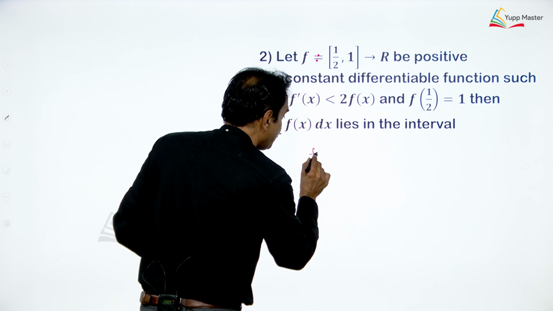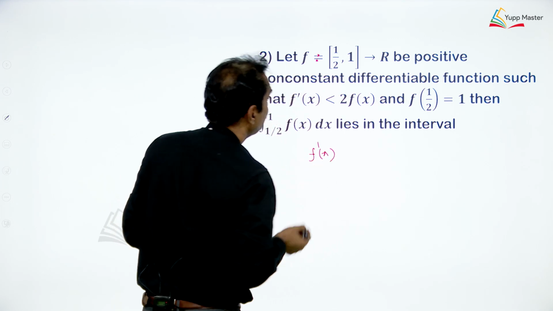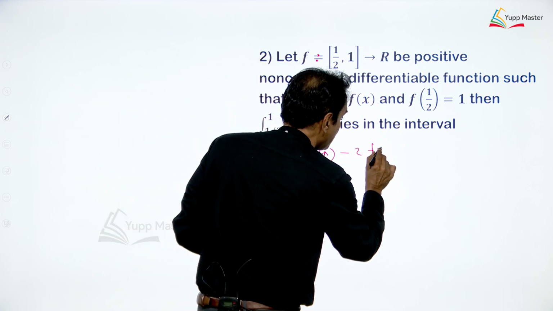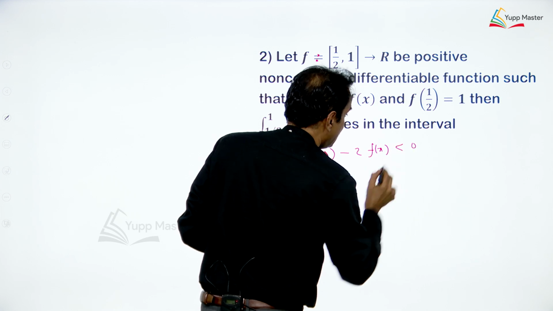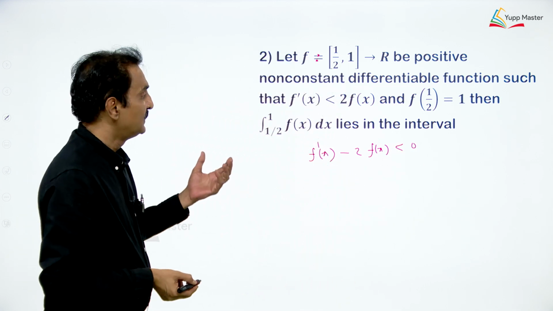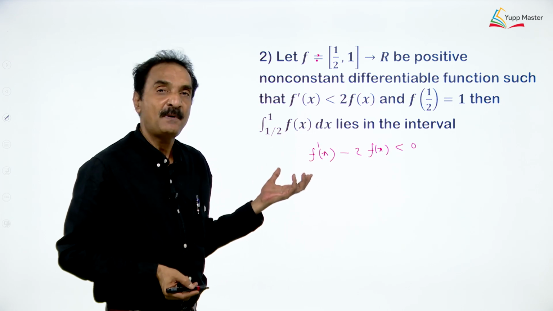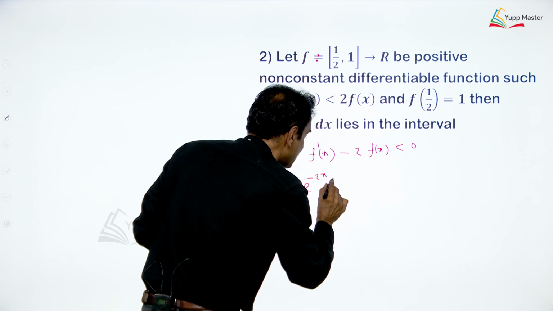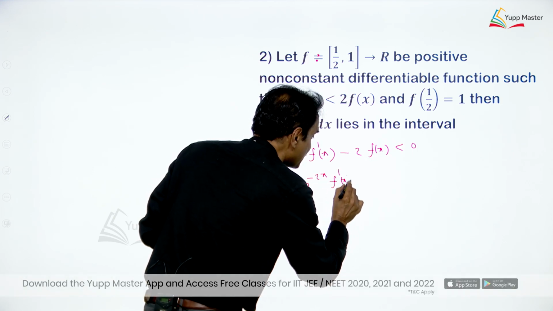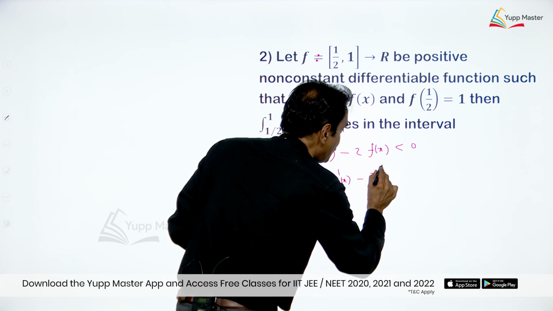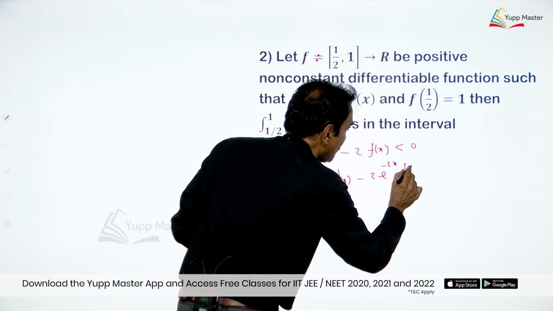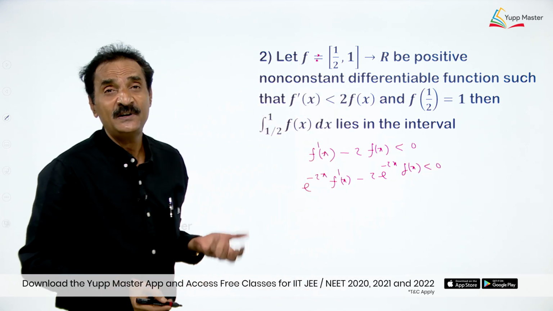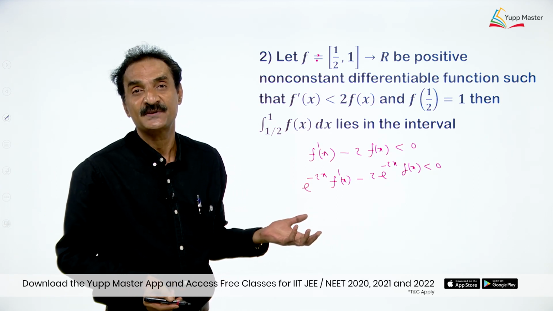If you take f dash x minus 2f of x is less than 0, multiplying both sides by e power minus 2x, e power minus 2x into f dash x minus 2 e power minus 2x into f of x is less than 0. But how will you get the idea of multiplying by e power minus 2x?